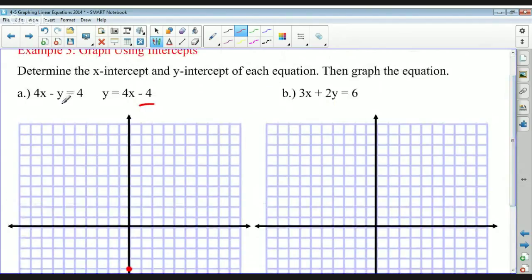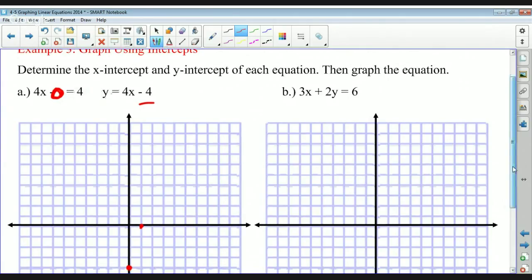Now if I go back to the original equation, in place of this negative y, I want to put in a 0. So what times 4 equals 4? Well, if we divide both sides by 4, x would equal 1 when y is 0. So I can graph that ordered pair by going right 1, up 0.